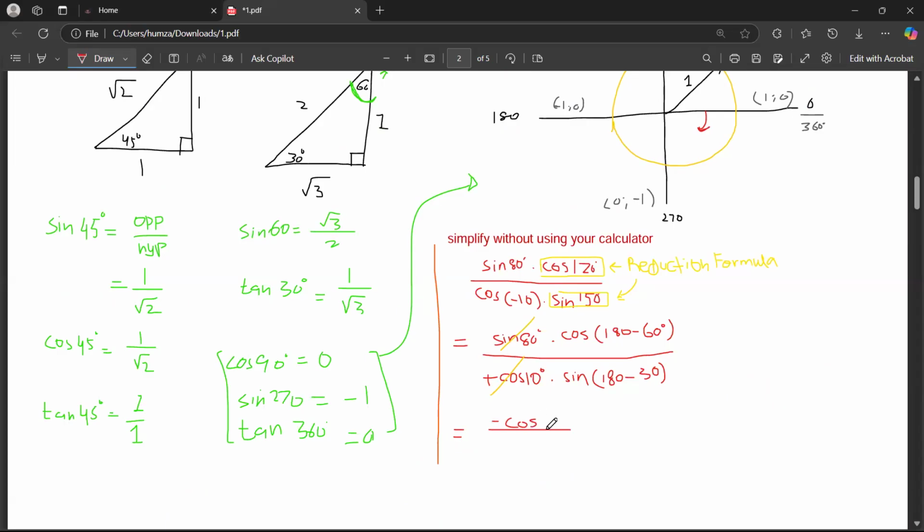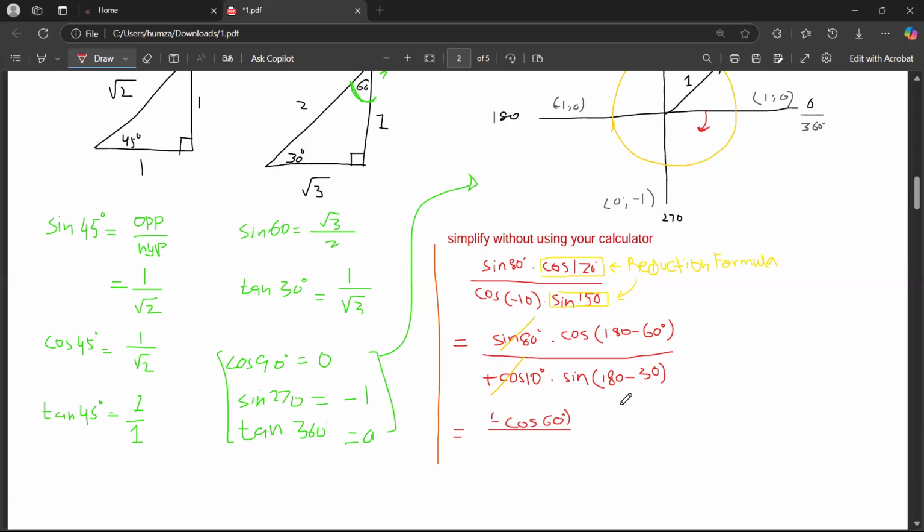Now cos 180 degrees minus 60 will become negative cos 60, because 180 minus theta is in the quadrant where cos is negative. So the cos will become negative, and we have negative cos 60 degrees.